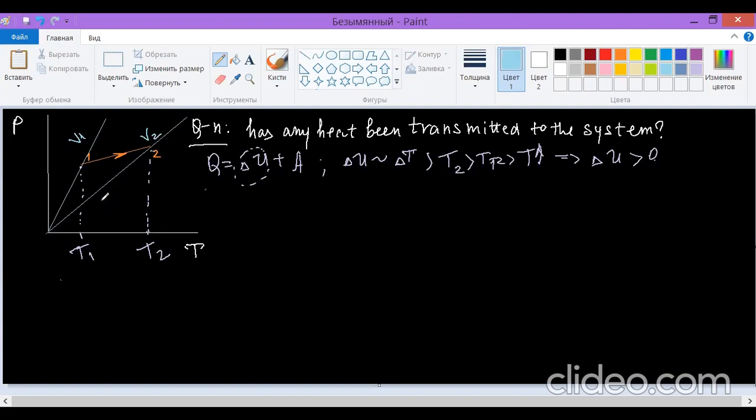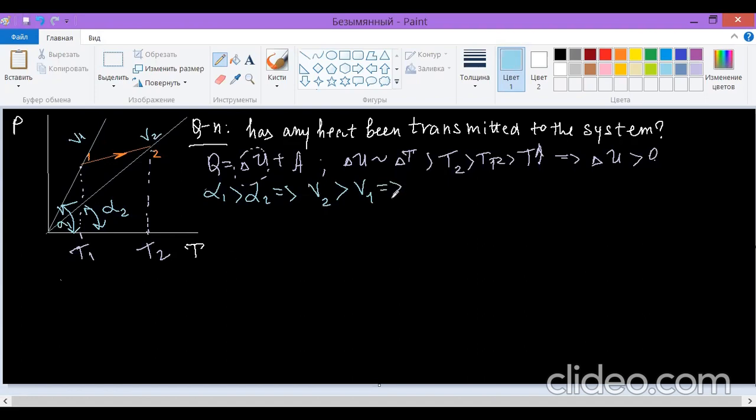The main idea is that this is the angle between the isochore alpha 2 and the temperature axis, and this is the angle between this isochore and this axis. It's alpha 1. We see that alpha 1 is more than alpha 2, and that means only one thing, that V2 is more than V1.